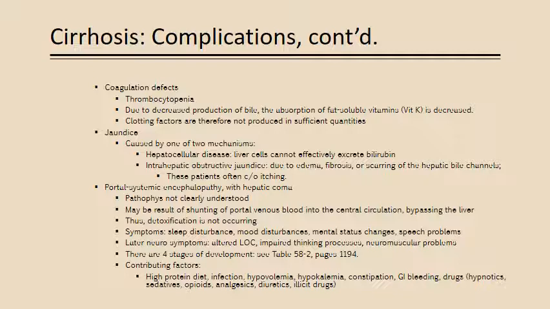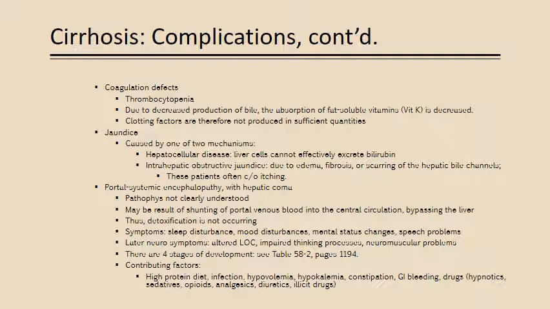I know jaundice, everybody knows you got liver problems, you got jaundice, okay? What causes it? Do you know that? We're going to learn that right now. It's caused by one of two mechanisms. One is due to not being able to excrete bilirubin, and the other is because there's a blockage. So hepatocellular disease causes jaundice because the liver cells cannot effectively excrete bilirubin.